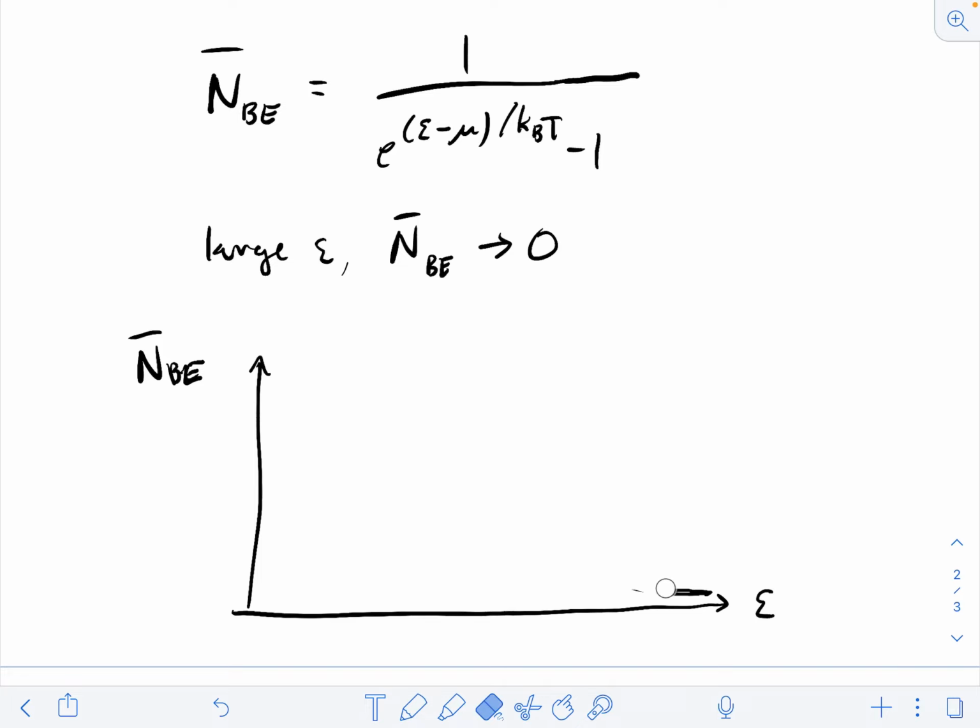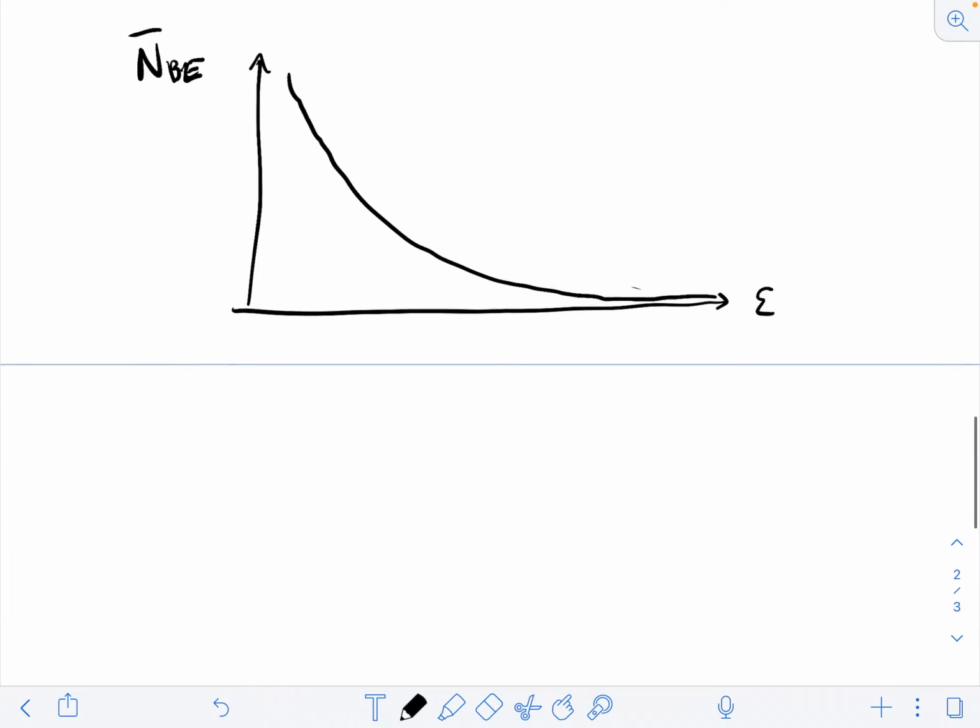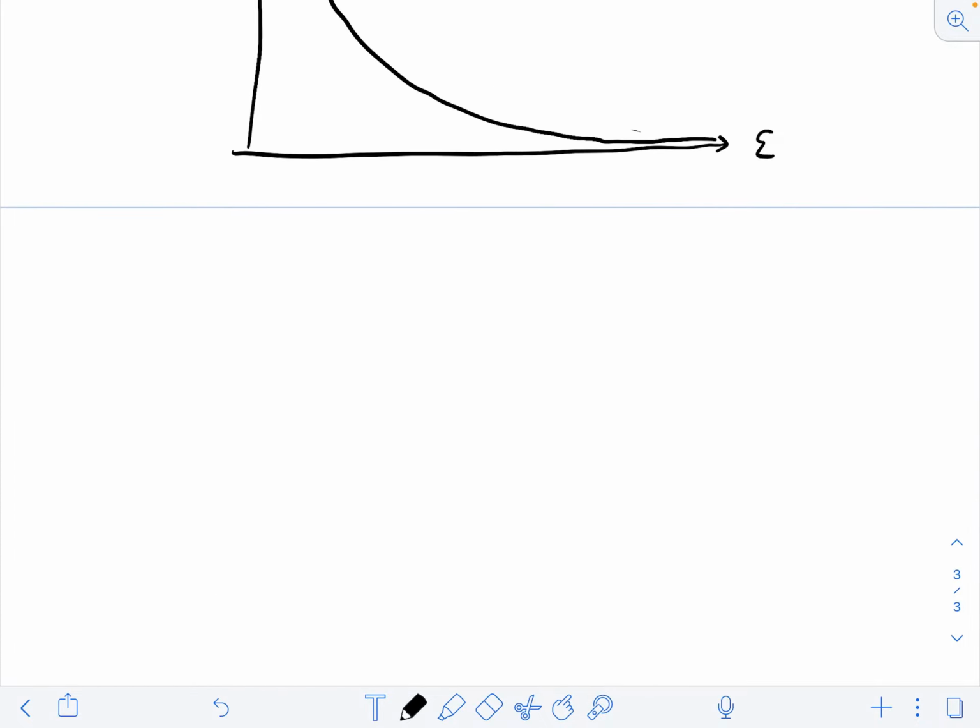Actually, I'm going to try to redraw this a little bit. So at high energies we have very few particles in our system, and at low energies the number of particles in a state grows. Okay, and so that's the Bose-Einstein distribution.